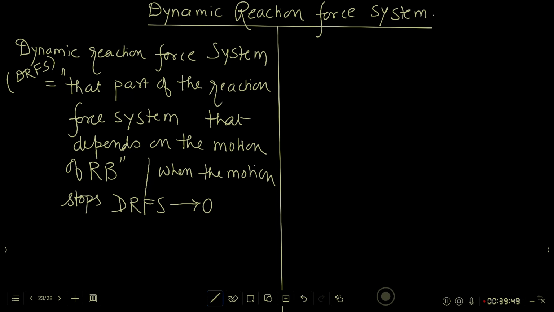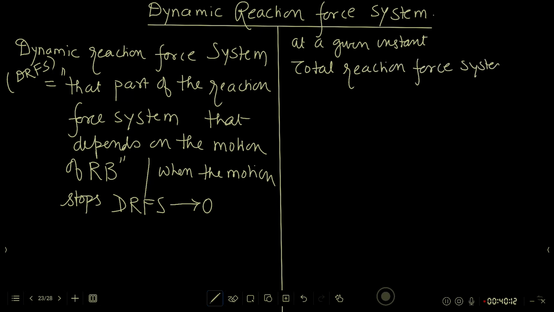Now you will realize that for a given problem at a given instant, the total reaction force system will not be the same as what I am calling the dynamic reaction force system.